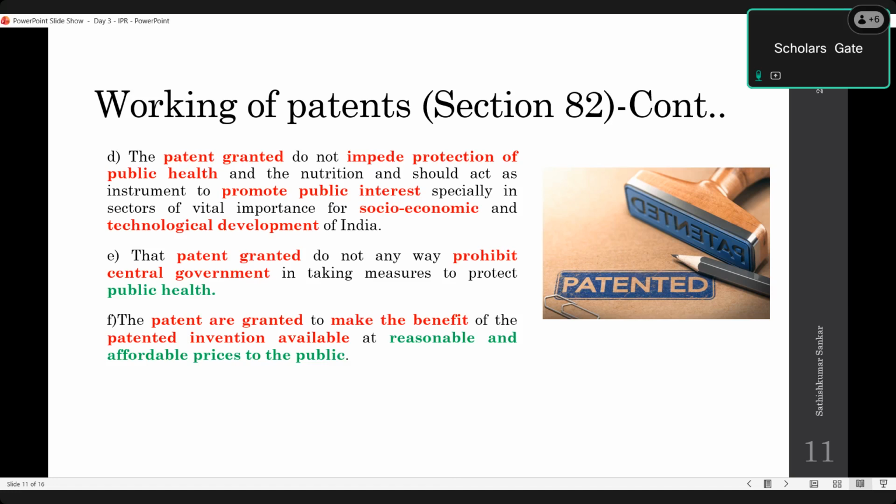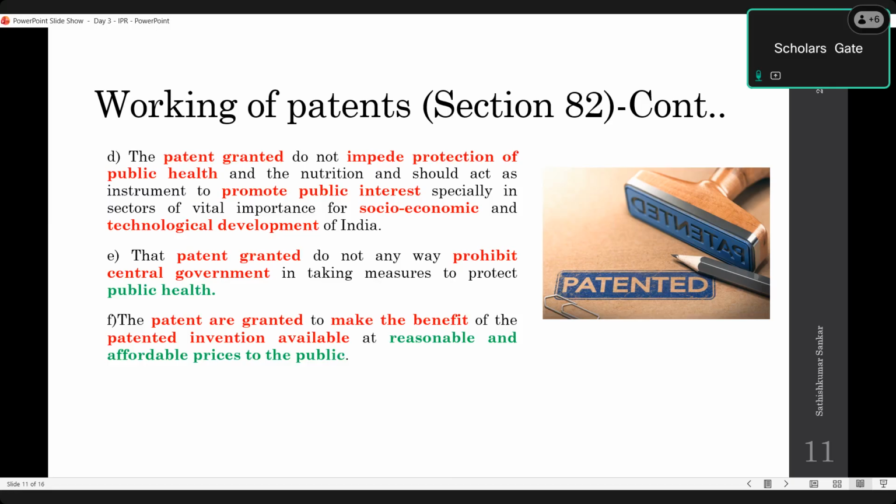The central government does not take responsibility for that. The patent is granted, but if it happens under other circumstances, the central government does not take responsibility to protect public health; the consumer should be aware of that.